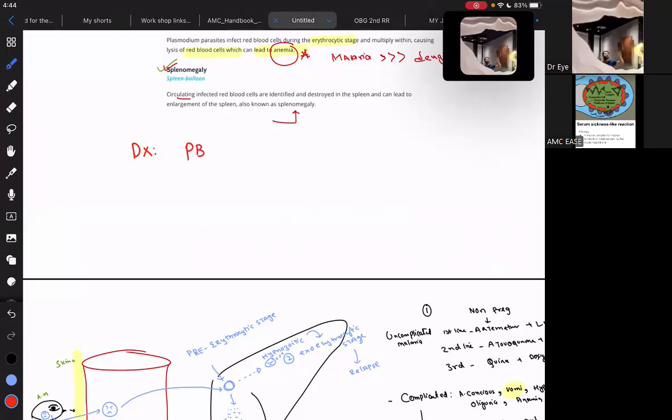The important point is the peripheral blood film or smear, where you go for thick and thin smear. The thick smear is used for the detection of parasite. That means you can get to know, okay, this is a plasmodium, but what type of plasmodium? You have to go for the thin one.